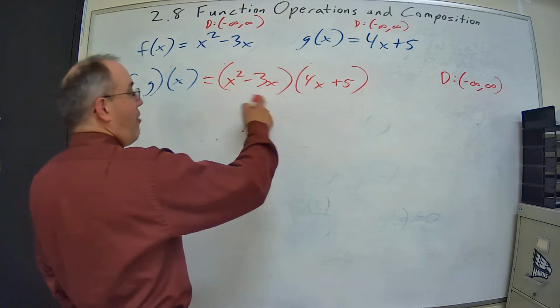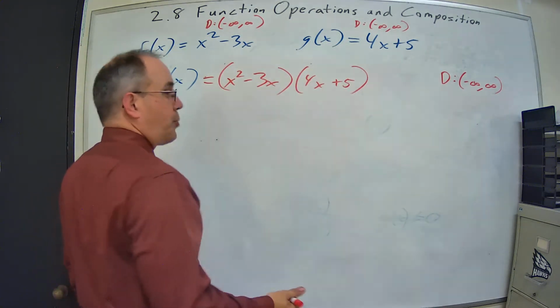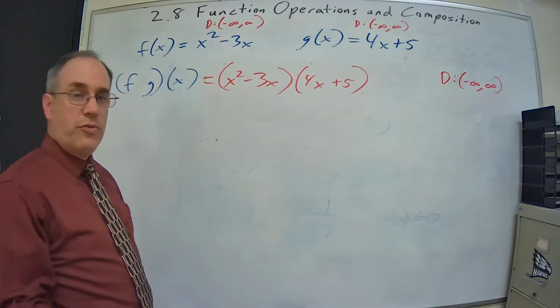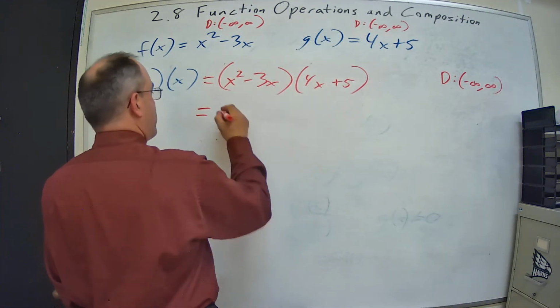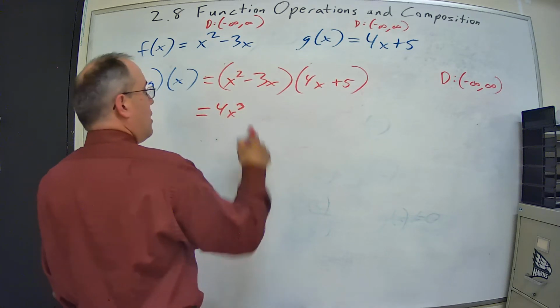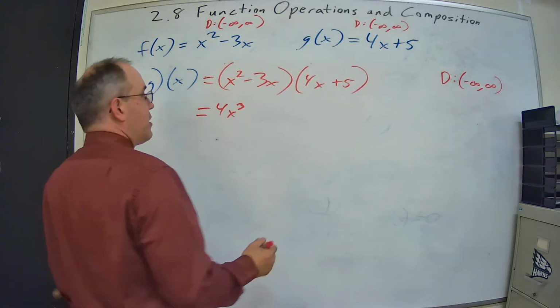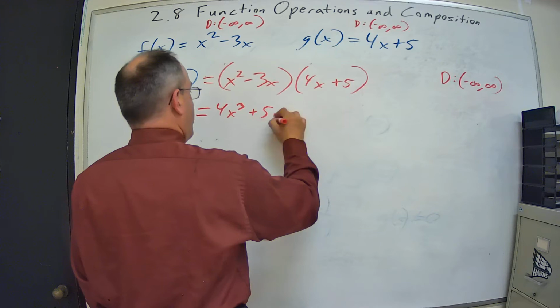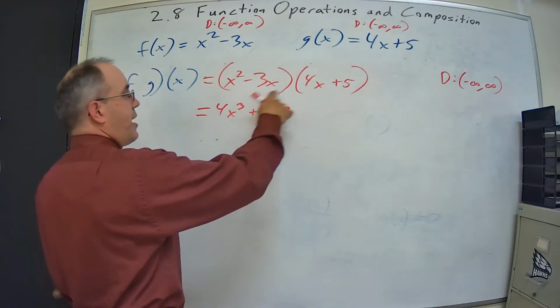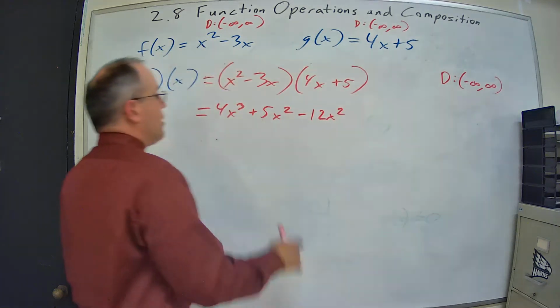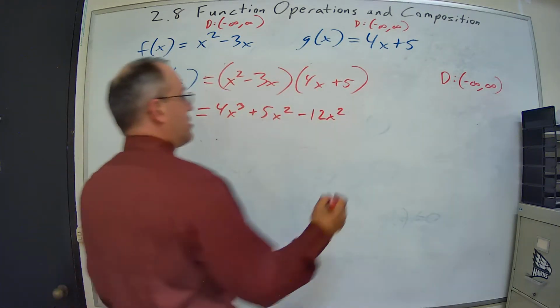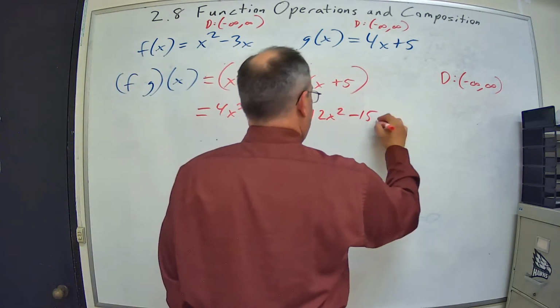So we have a binomial multiplied by another binomial, so we can use FOIL. So x squared times 4x gives us 4x cubed. X squared times 5 gives us 5x squared. Negative 3x times 4x gives us minus 12x squared. Negative 3x times 5 gives us minus 15x.